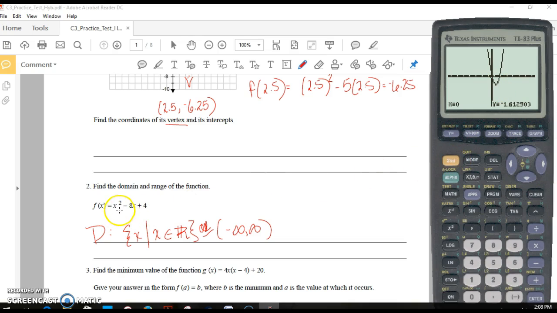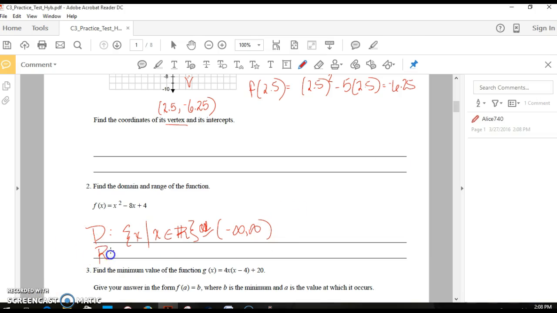So we can either find the vertex like we did in number 1, or we can say second calc and go to the minimum, pick a number a little to the left, pick a number a little to the right, give a guess, and we'll spit out our y value. Your smallest y value that you can have is a negative 12.